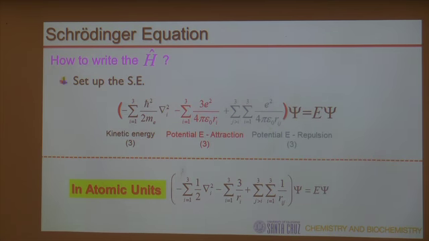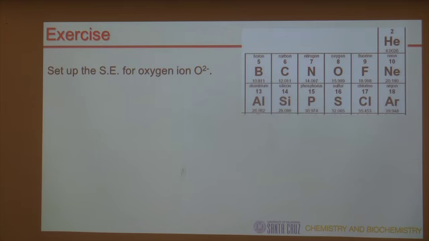Any questions? Okay, for now, let's do one exercise. Please set up the Schrödinger equation for the oxygen ion, the anion with 2 negative charges, given this part of the periodic table.